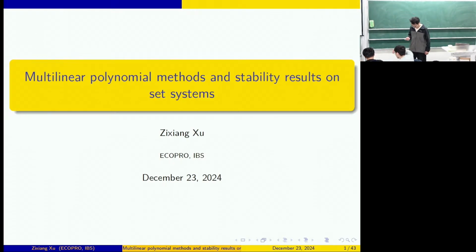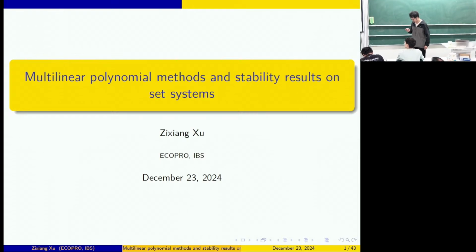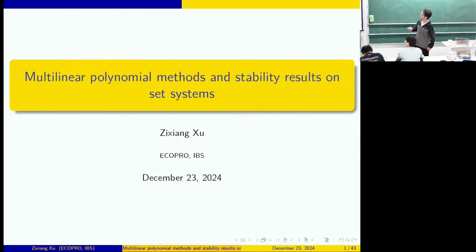So today I mainly want to introduce some of the polynomial method and the stability result in such systems. This is based on joint work, mainly attributed to Dr. Jun Gao and Professor Hong Liu. We finished this work 2 years ago, and I will summarize some basics and tricks and further applications of this method.